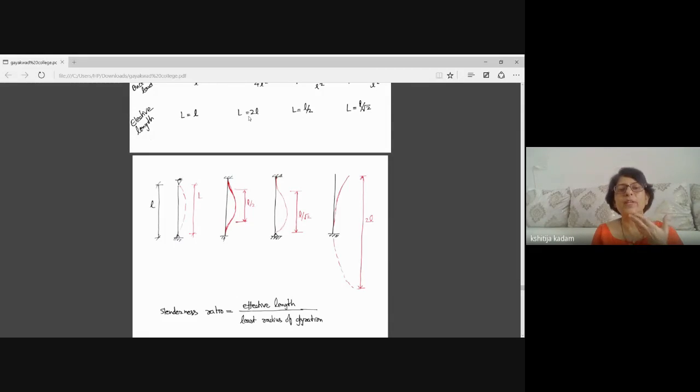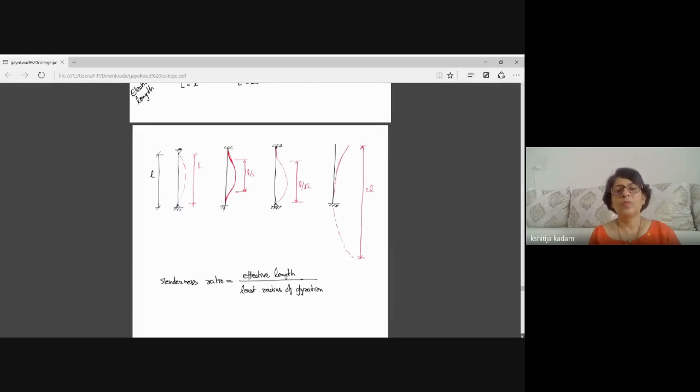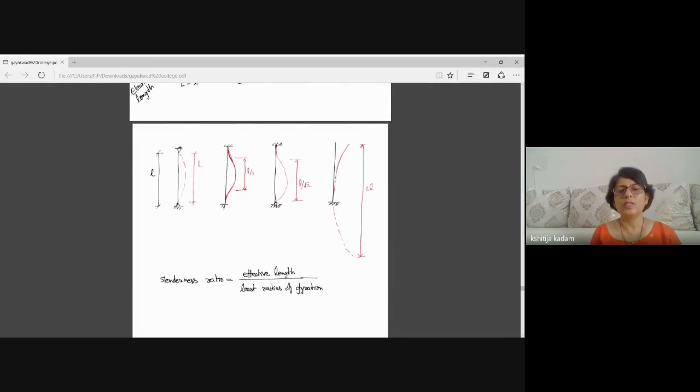So we will say that effective length is half of its original length. Third variety, when one end is fixed and the other end is simply supported. At the hinge there will be slope, and at the fixed support there will not be slope. So the deflected shape will be like this, and the effective length will be small l upon root 2.